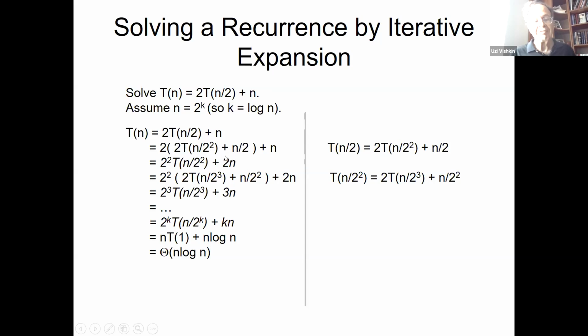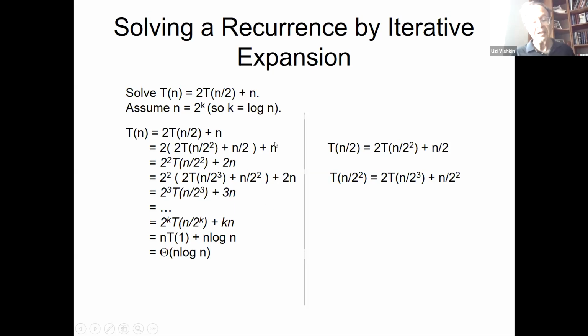In the second level, we get another n, because when we expand T of n over 2 to 2 T of n over 4, we get an n over 2 on the side, and when we multiply it by 2, we get another n. So we get a second n. And when you expand it another time, we get a third n, and so on.